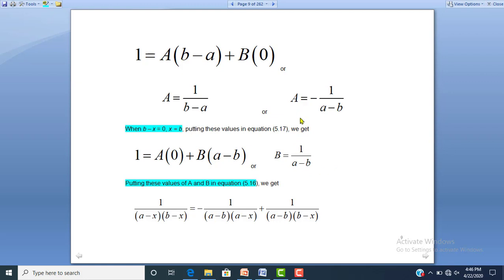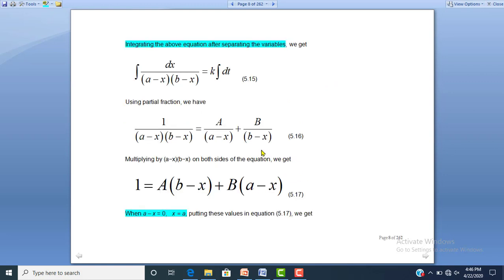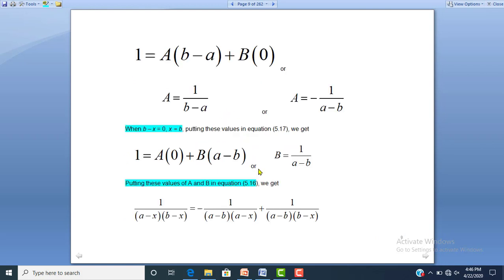Now we will put these two values in equation 5.16. This is equation 5.16. Here A and B will be replaced with their values.